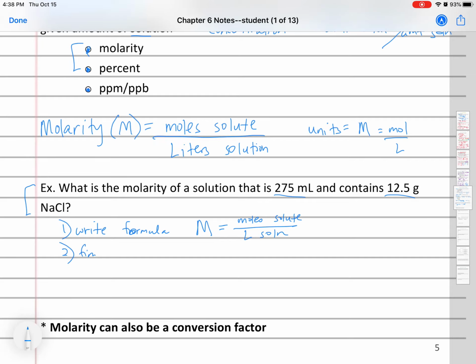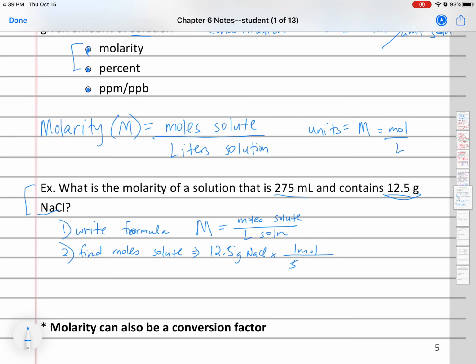So first, let's find moles of solute. All right, we can do that because we're given the mass, and we can always convert from mass to moles by using the molar mass. So 12.5 grams of sodium chloride divided by the molar mass of sodium chloride.